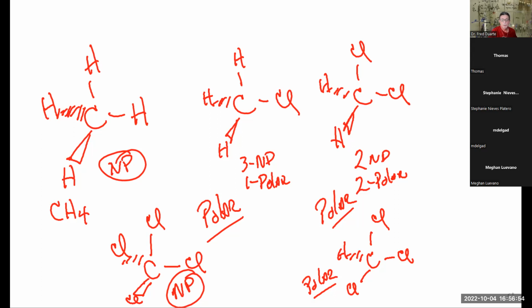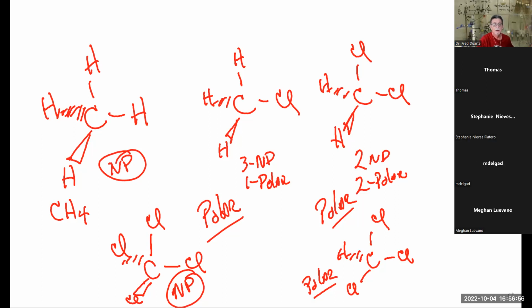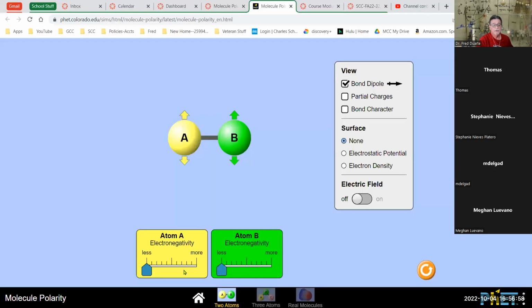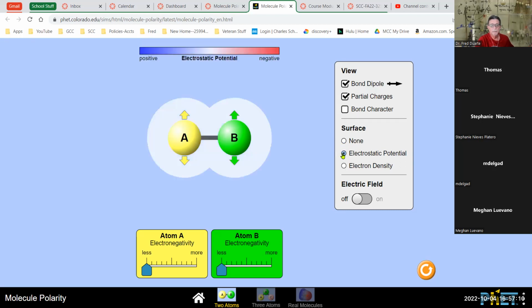So we were going to the simulation, and here I wish they would have labeled this A and A right now, but we'll just go with the A-B scenario. We have green here. When it becomes red in color, that is the increase of electron density.